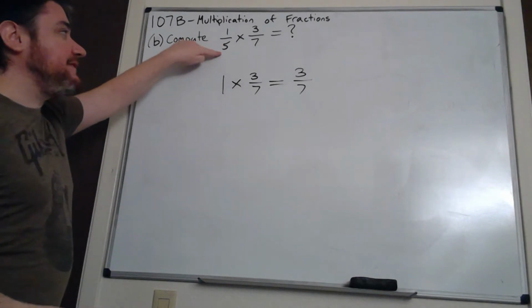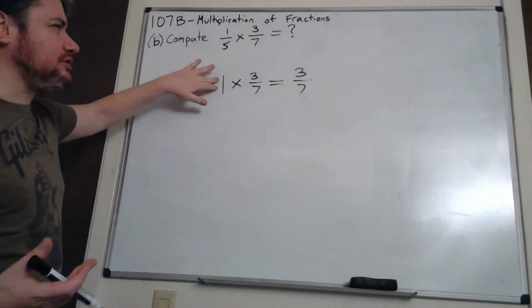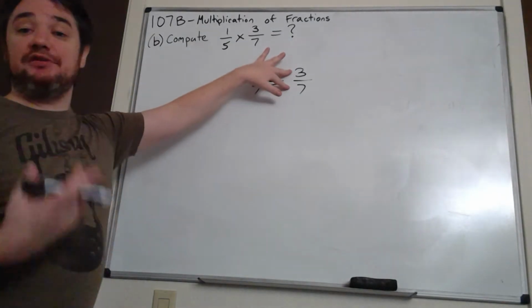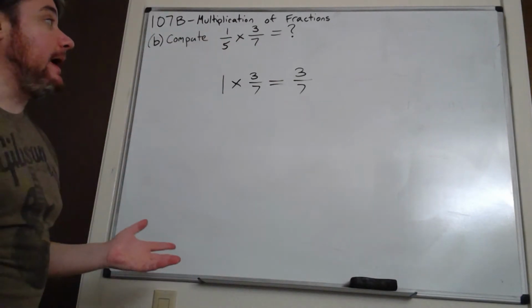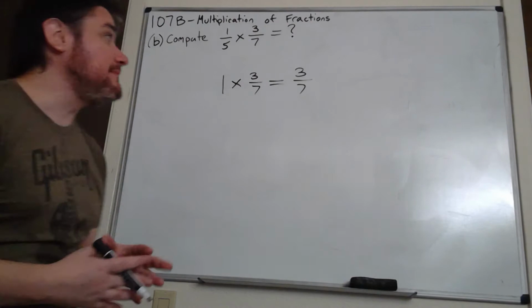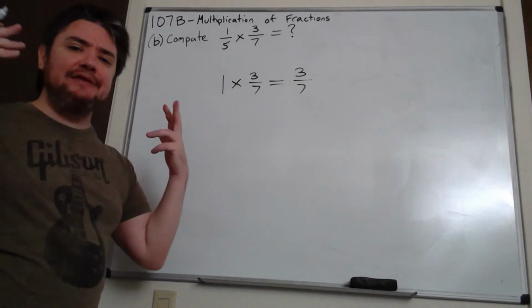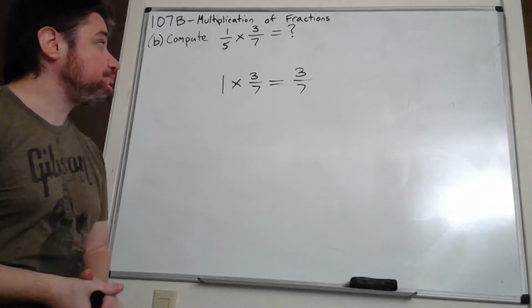I know that 1/5 is less than 1, and so I'm going to be taking a fraction or a piece of a whole jump. And so I'm not even going to quite get to 3/7. So I don't have to go beyond 3/7 on the number line. My answer is going to live somewhere shy of 3/7. Okay, so I like to set that up in my head just to ballpark around where the answer is going to be.